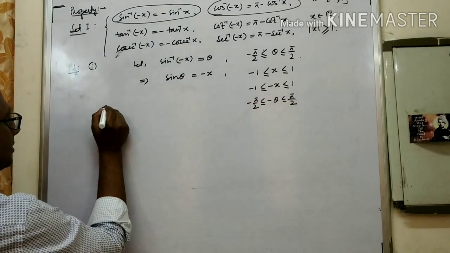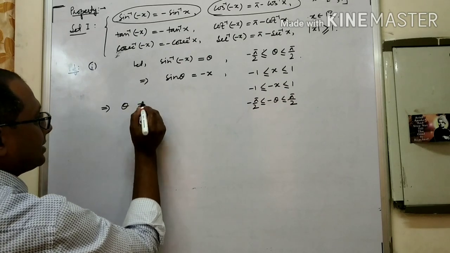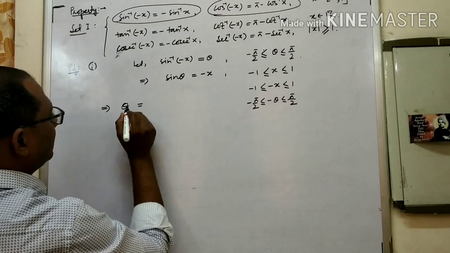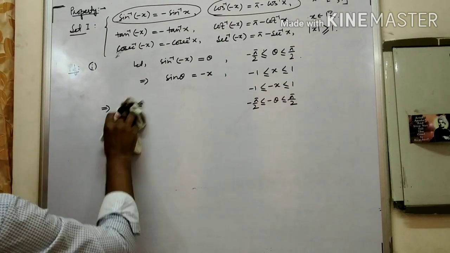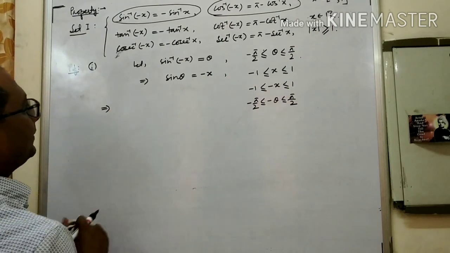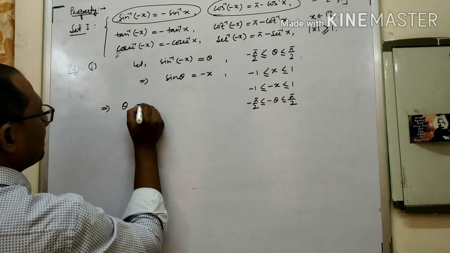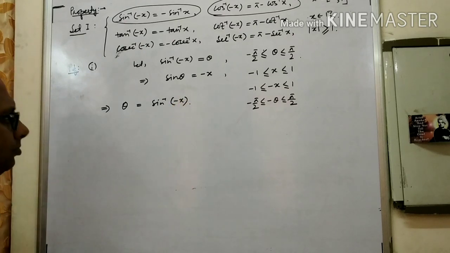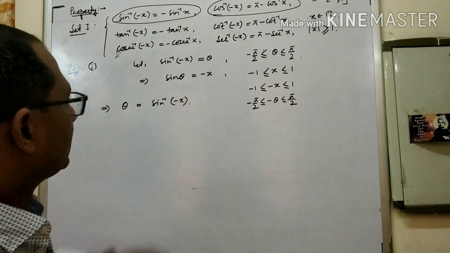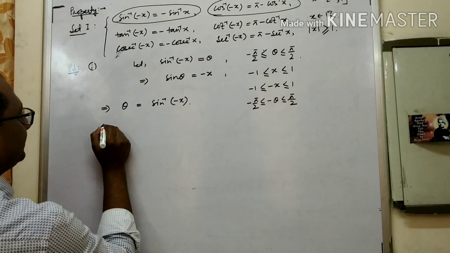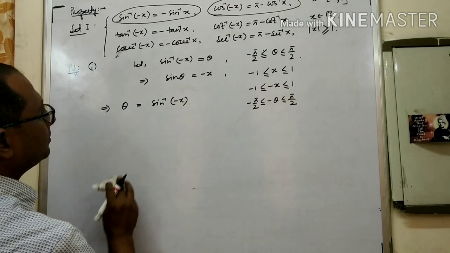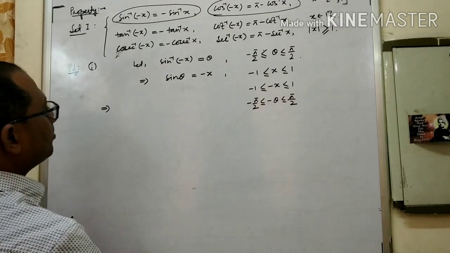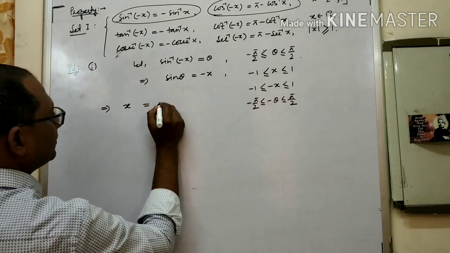So here we can take sine inverse on both the sides. Let me take first sine theta only. Sine theta is equal to minus x, so x will be equal to minus sine theta.